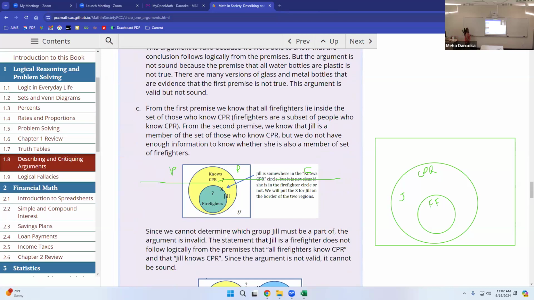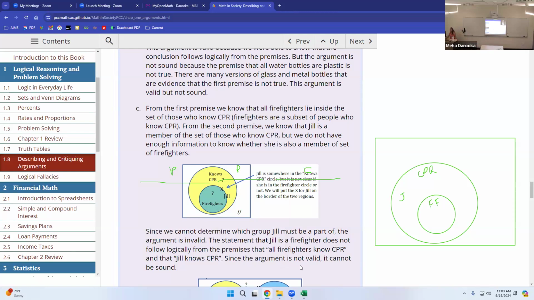If you can see kind of under my writing, they're actually placing Jill at the cross section of where the two circles are, not quite as far out like I did. So this one is saying, yes, firefighters would be a subset of people who know CPR, so we put the firefighter inside of the CPR circle. We know that Jill is a member who knows CPR, so definitely goes into the CPR, but we don't have enough information about them being a firefighter.